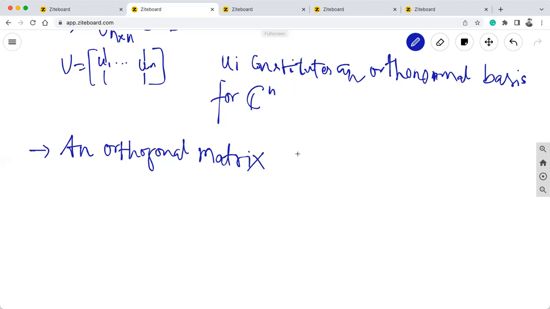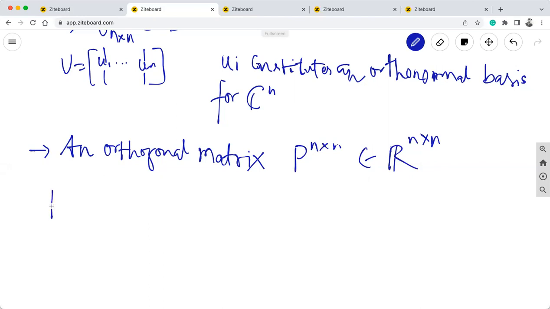So it is some matrix P of size n cross n whose columns constitute an orthonormal basis. Basically they are real matrices, so they should belong to R^(n×n). Here I have taken the square matrix case, but you can take a rectangular matrix as well.